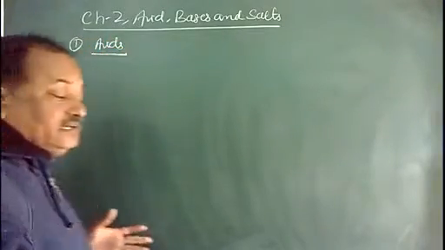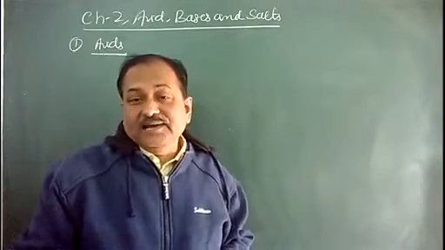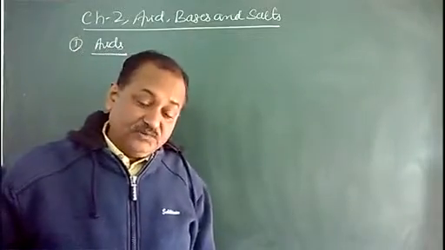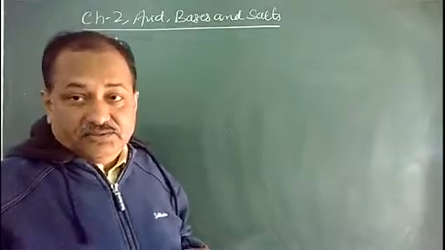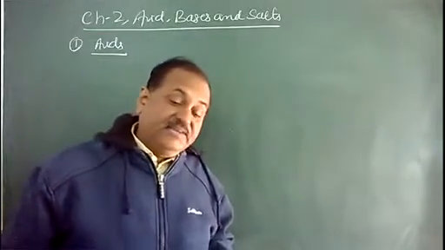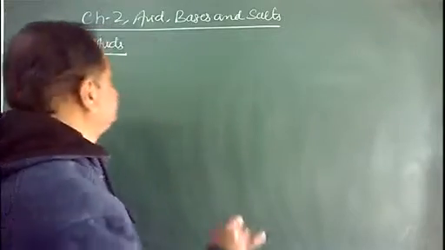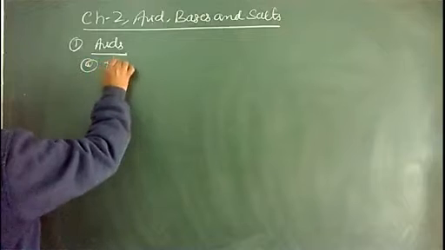So acids are able to provide hydrogen ions, and these hydrogen ions are neutralized by hydroxyl ions. So when we mix an acid and a base, there is the formation of salt and water. So children, you have to keep in mind, here, neutralization reaction.